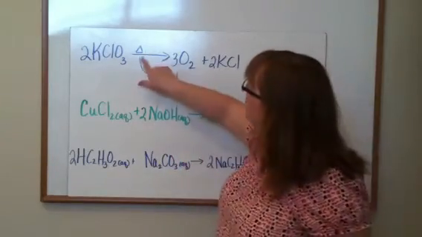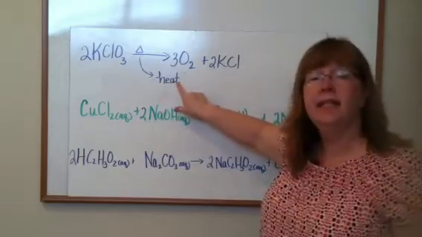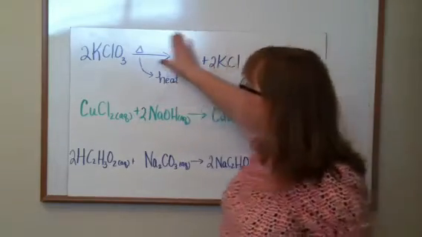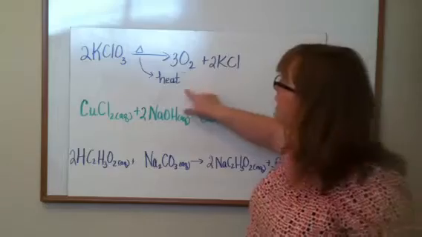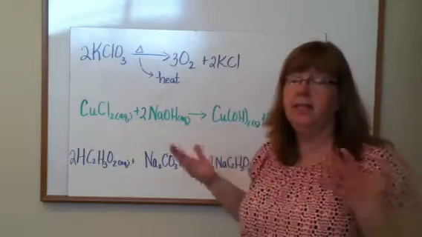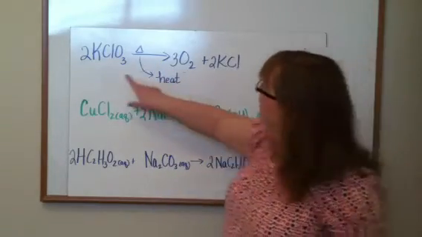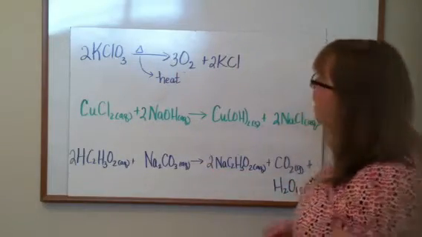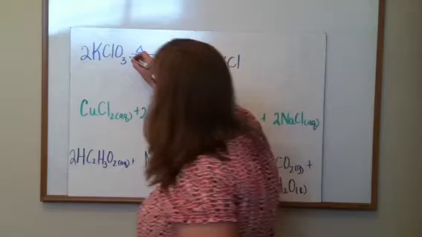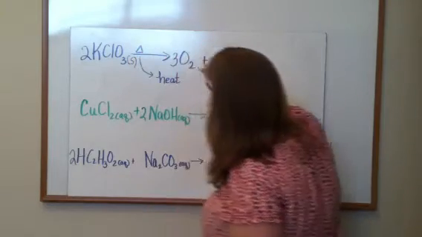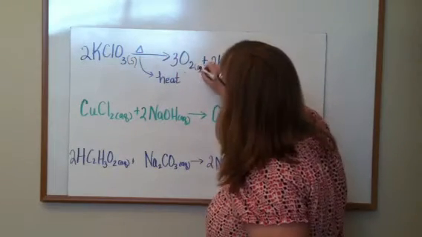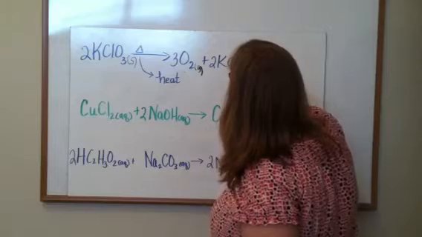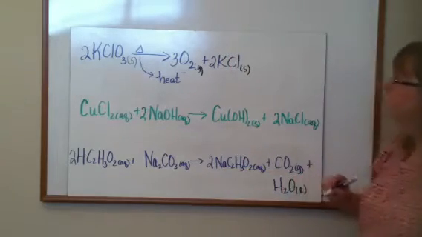The triangle over the arrow represents heat. That means in order for this reaction to go, you needed to heat it up so that you could see the products. Again, our coefficients are 2, 3, and 2. The reactant, potassium chlorate, would have been a solid. Oxygen is a gas, and then this potassium chloride would have been a solid as well.